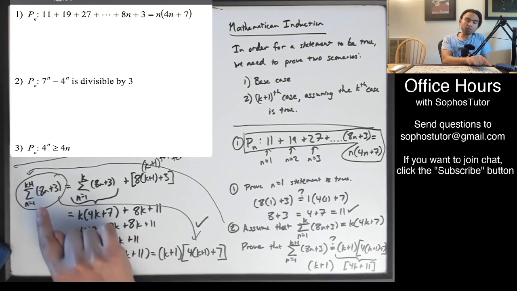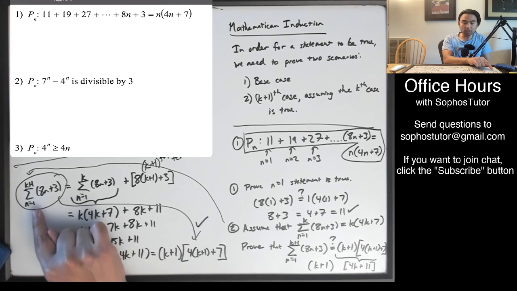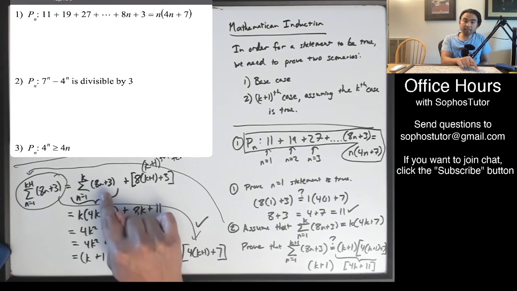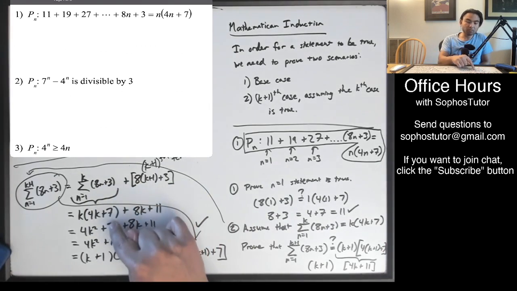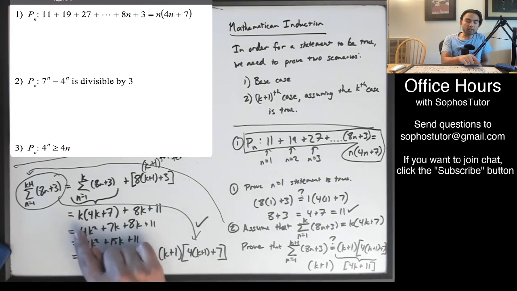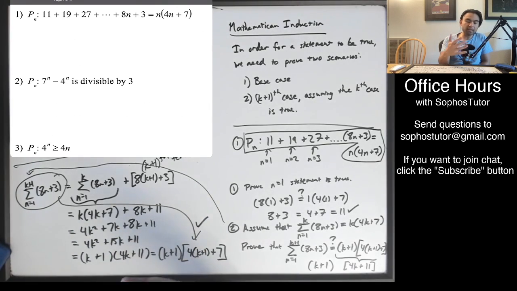Notice how when I broke up the k plus 1th expression, I tried to make the kth expression show up. By letting that kth expression show up, I could then substitute for the right side of the equation. As a result, I could use my algebra to combine things and then distribute or refactor them, re-breaking up the pieces into the right side of the statement that we're looking for.